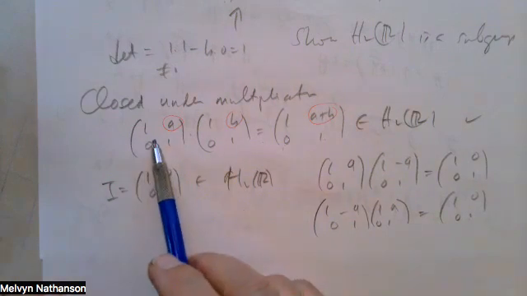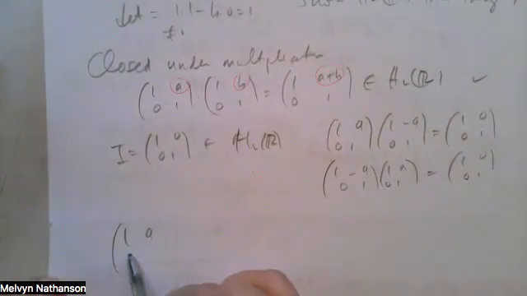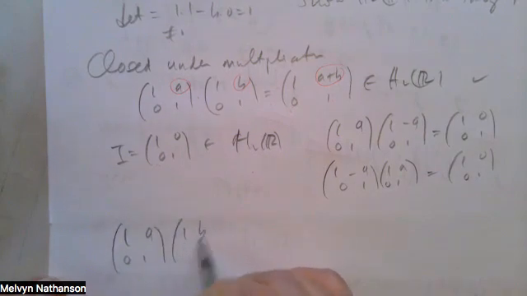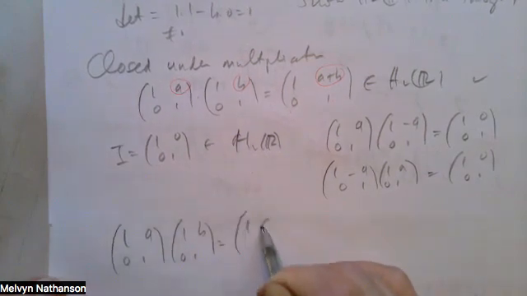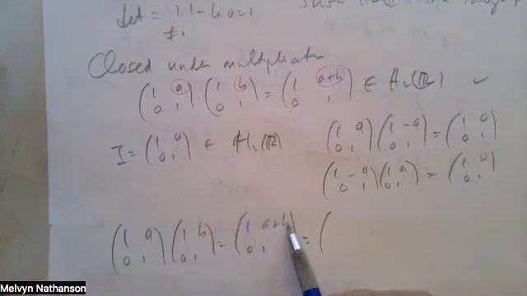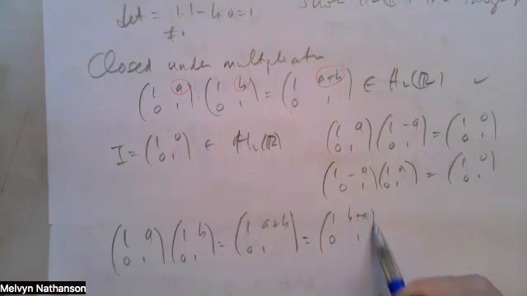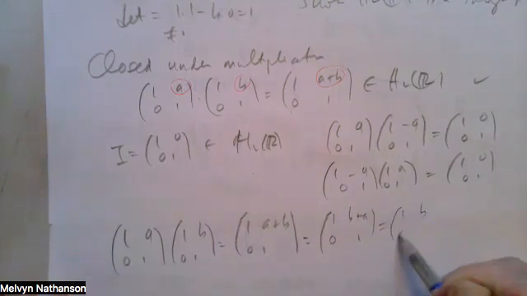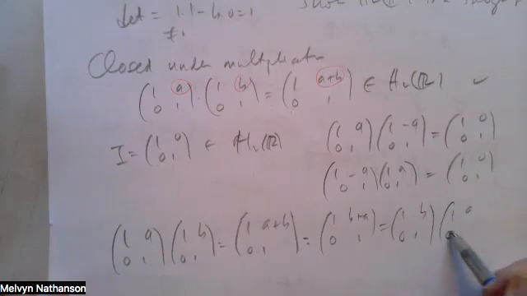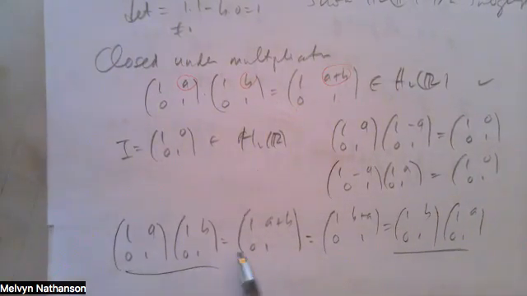Again, let me just write this down. I have [1, A; 0, 1] times [1, B; 0, 1]. That's [1, A plus B; 0, 1]. But A and B are numbers, A plus B is B plus A. So this is [1, B; 0, 1] times [1, A; 0, 1]. So the order of multiplication doesn't matter.